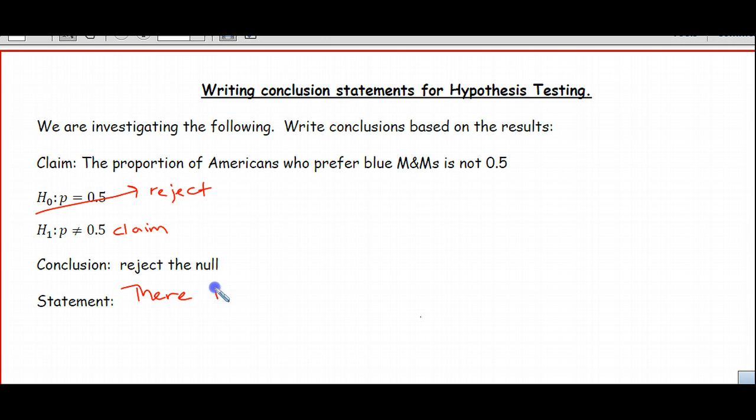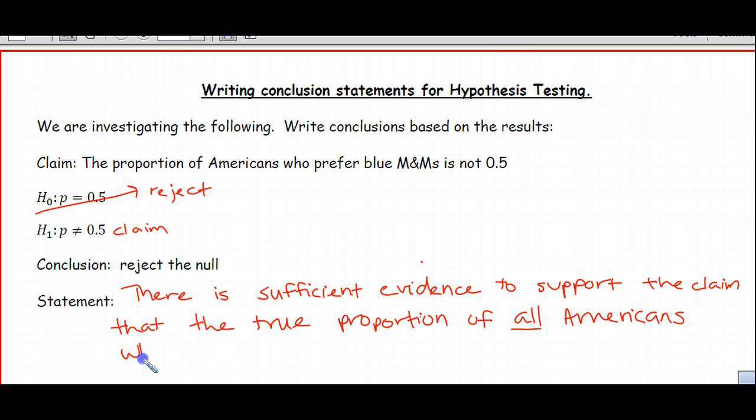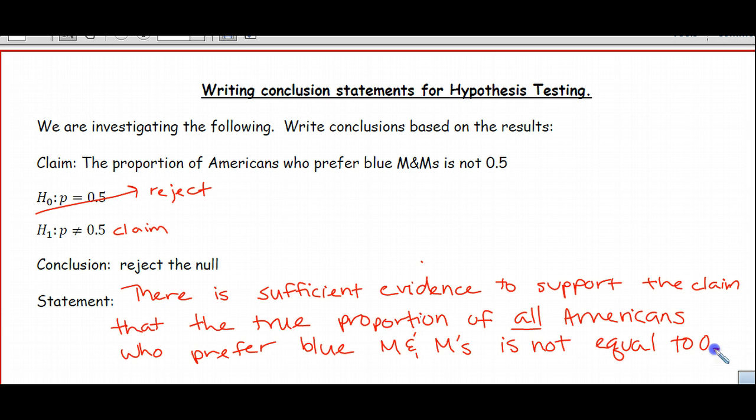There is sufficient evidence to support the claim that the true proportion of all Americans who prefer blue M&Ms is not equal to 0.5.